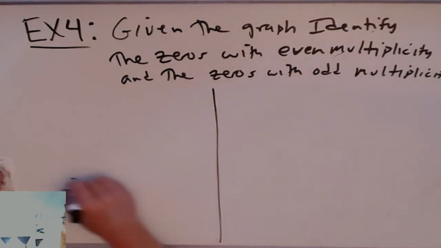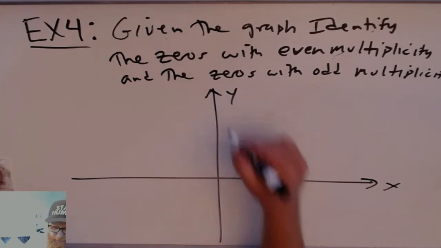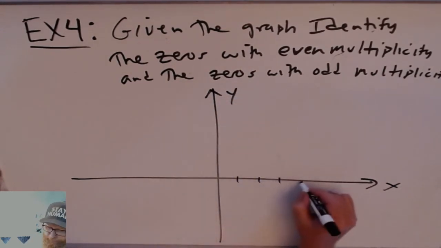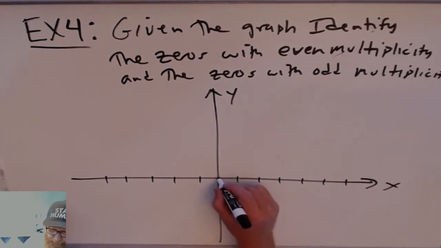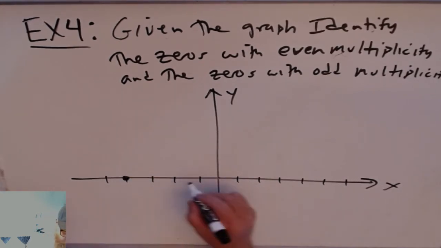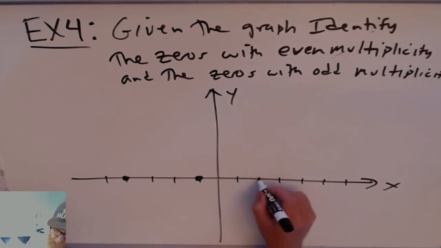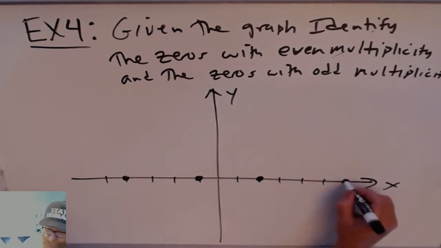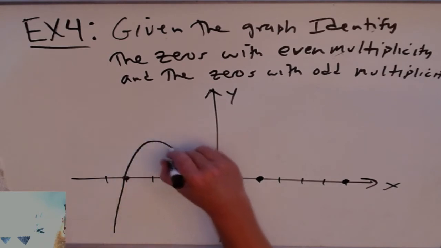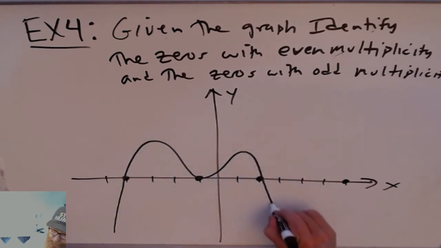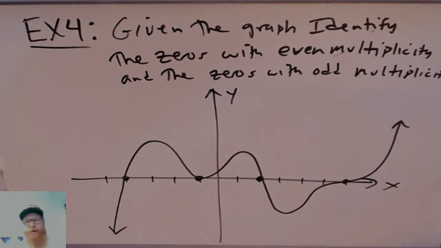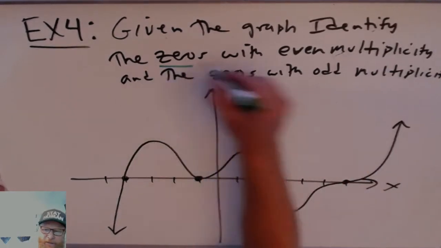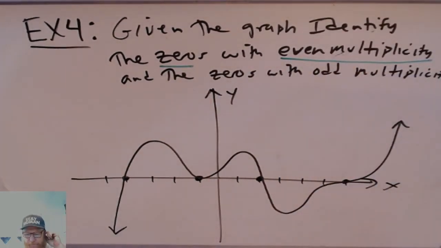So suppose you already have a graph drawn, and you got some zeros. So there's your graph. Identify the zeros with even multiplicity.